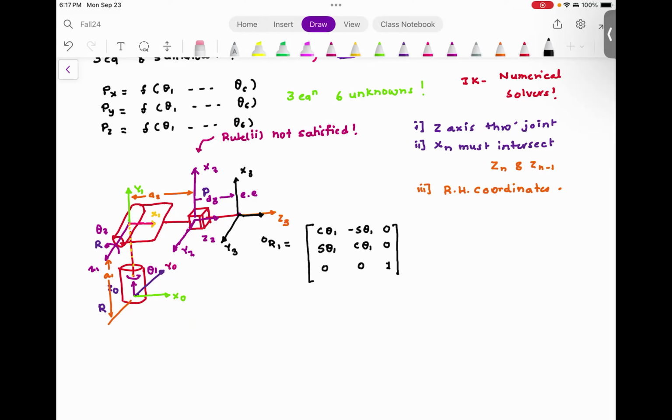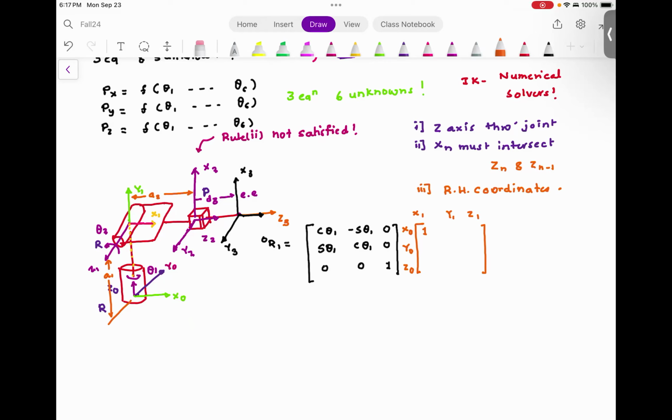Don't forget the projection matrix. The projection matrix is x0, y0, z0 against x1, y1, z1. Note x0 is in the same direction as x1 and it's parallel.